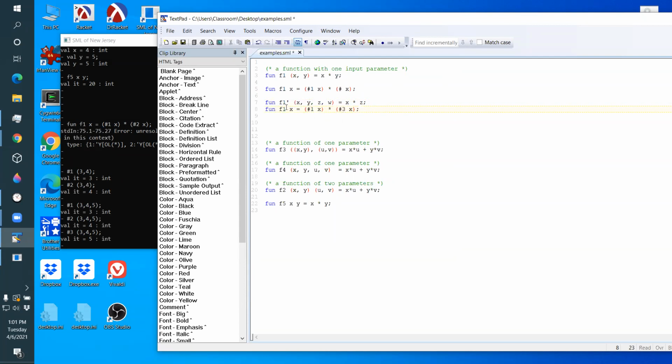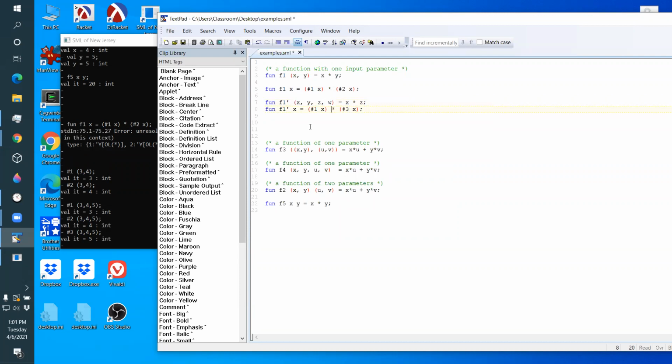So this shows you why ML can't use this notation on the right. It actually has no way of knowing what I'm really doing over here. Is that the first and second of a double, or of a triple, or of a quadruple? Is this the first and third of a triple, or of a quadruple?